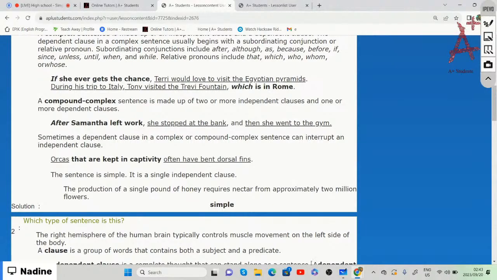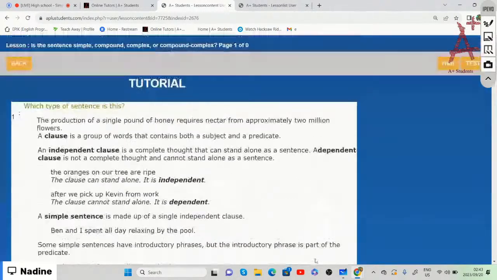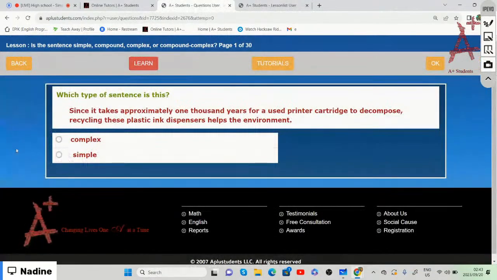All right, let's go to our test. So now we're going to have to say which type of sentence this is. Since it takes approximately 1,000 years for a used printer cartridge to decompose, recycling these plastic ink dispensers helps the environment.